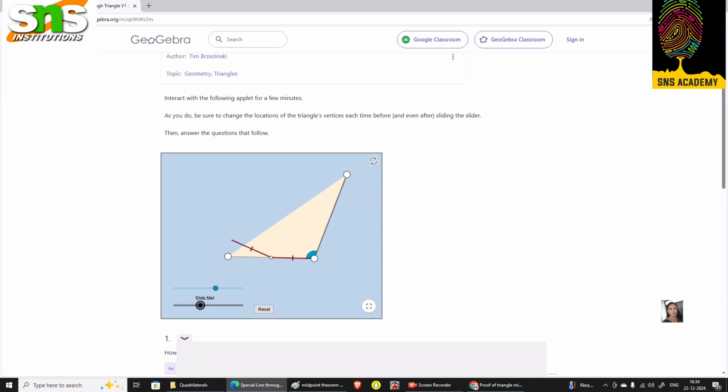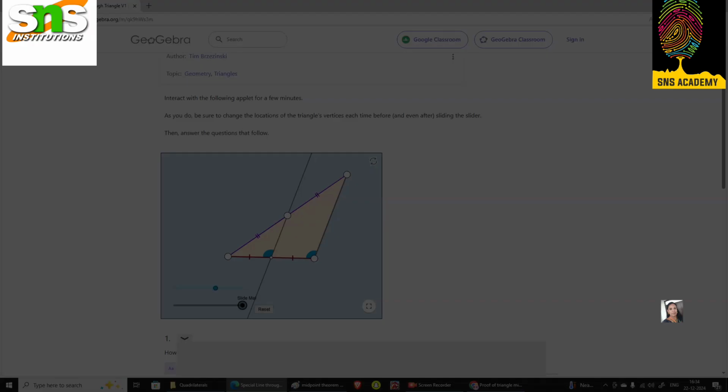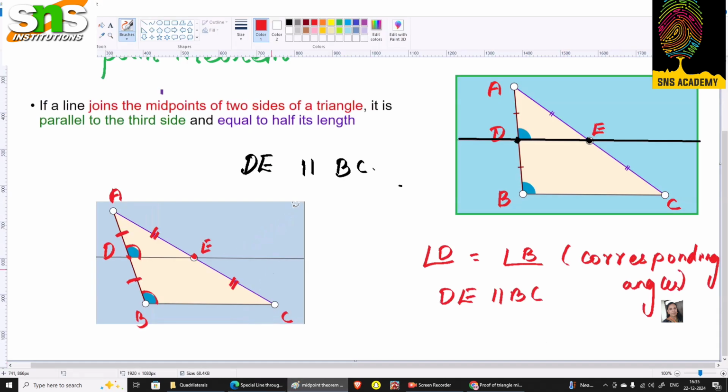So I'm going to check in this manner. They are taking a midpoint of one side and a midpoint of another side, and let's see the joining. They are joining the midpoints and they are getting a line.